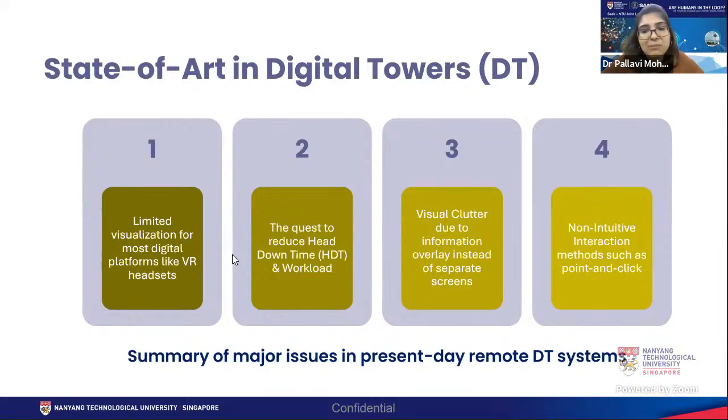The available interaction methods we see are mostly point and click based. Now, we believe that some amount of visual clutter can be reduced by interactively selecting or deselecting information and giving the controllers an ability to choose whether to hide or show certain information according to their context, where they're looking at, what the situation is, etc.